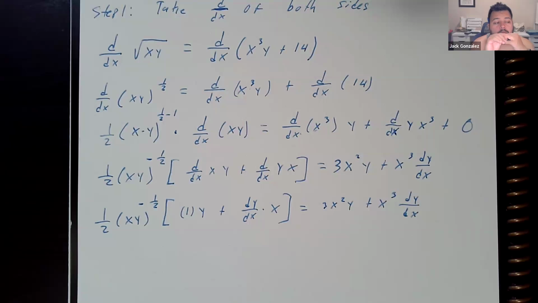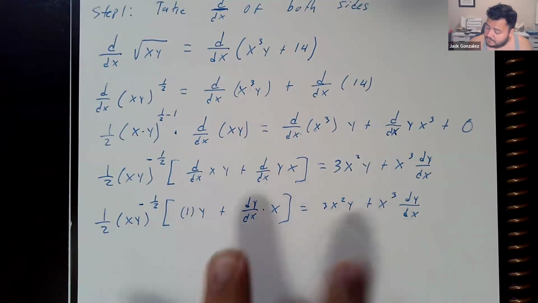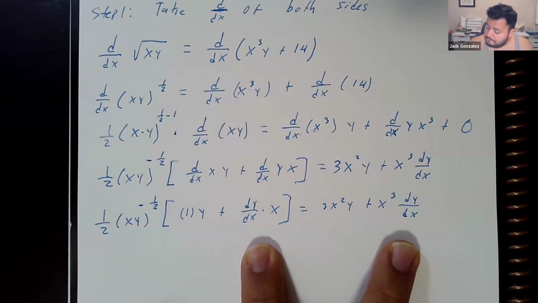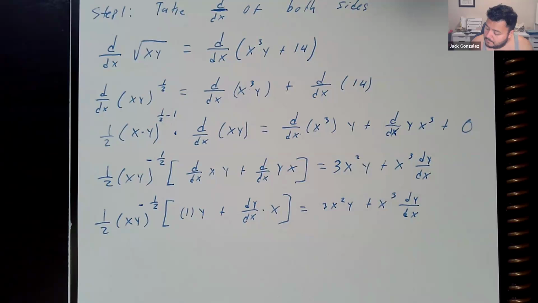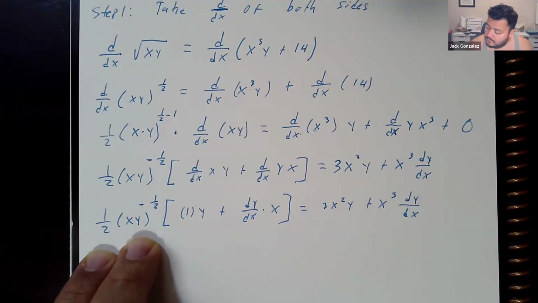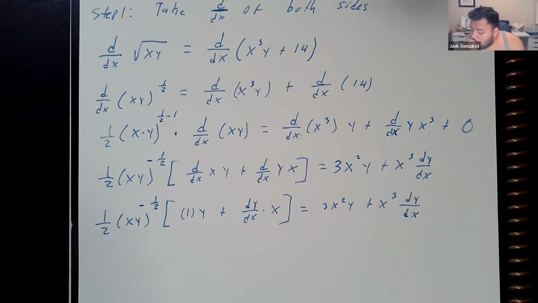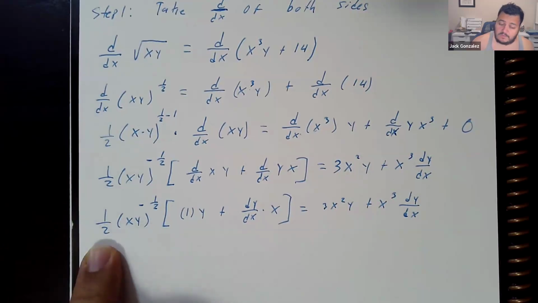Okay. So I still need to solve for dy/dx. This is garbage. How can I make this prettier? Do you agree if I multiply both sides by 2, this half will be gone?